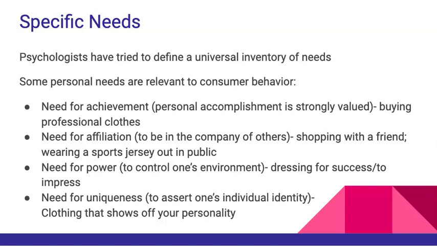Shopping with others allows us to fulfill that need. Or also maybe we wear a sports jersey out in public to show our affiliation with a part of the United States or with a certain team. Need for power. Clothing can play a role in that because there are definitely styles of dress that showcase power. Need for uniqueness. Using clothing to really show off one's true personality.